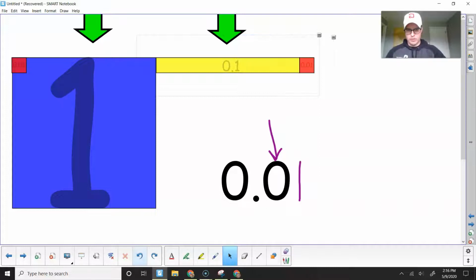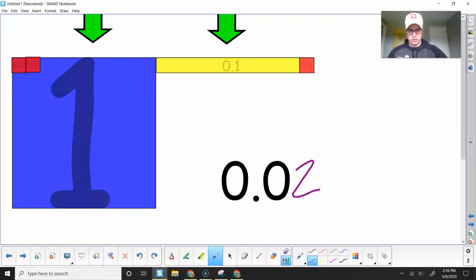All right, so 0.01. Let's add another one. You ready? 0.02. So that's 2/100.